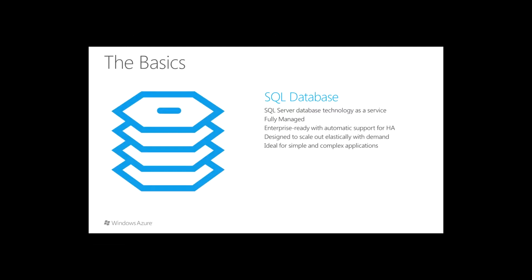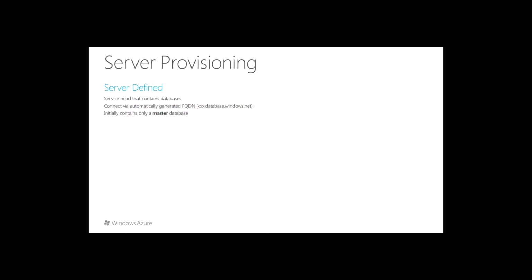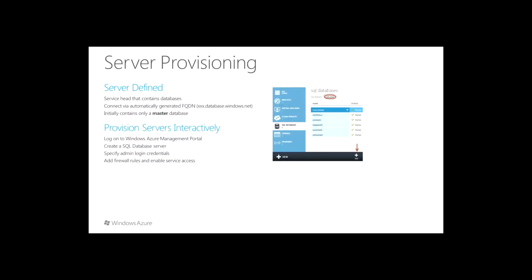And again, scalability with Federation, we'll talk about that. So it is, again, SQL Server served up as a service. Provisioning these is very simple. There are 2 ways you can do this. The management portal allows you to provision a server and databases very easily. Just click a server or database, provision your server, click add, and provision your servers and your databases quickly through the portal.